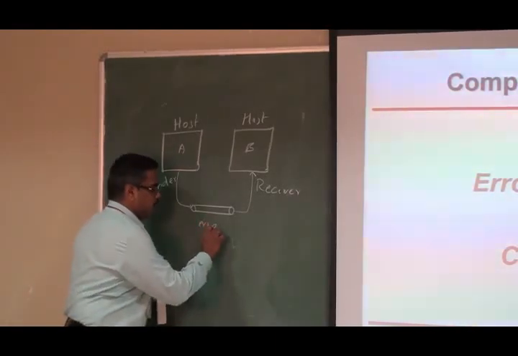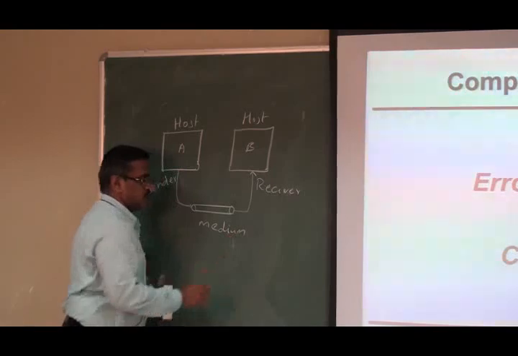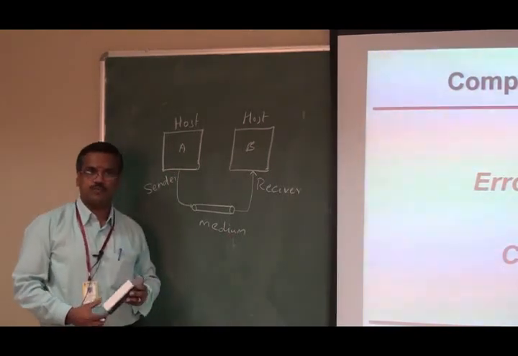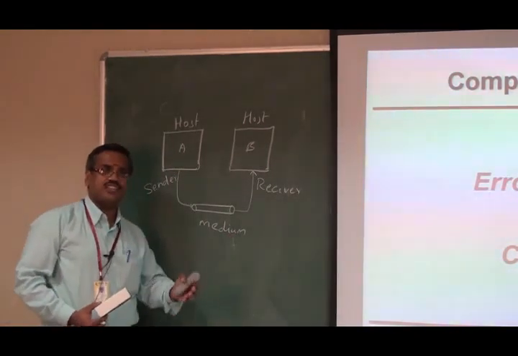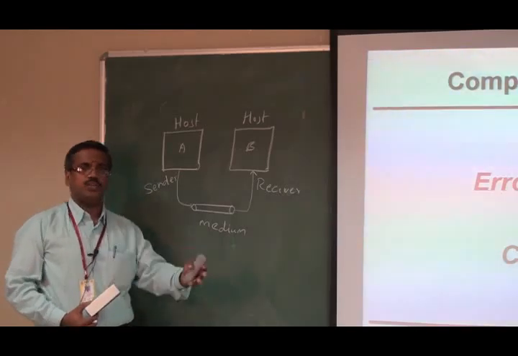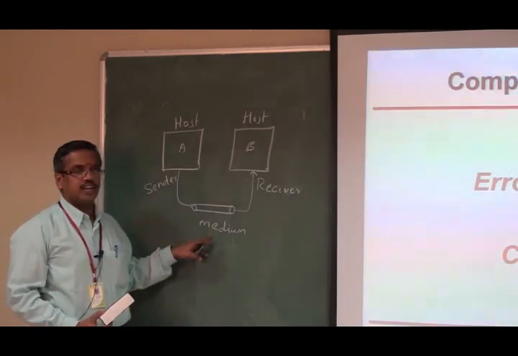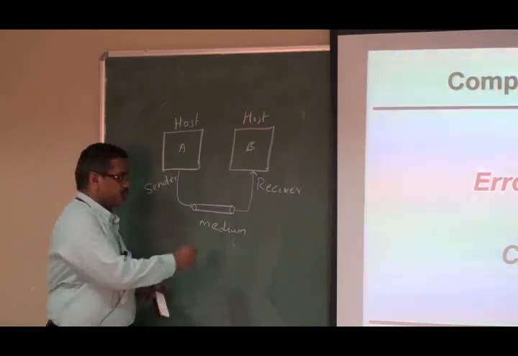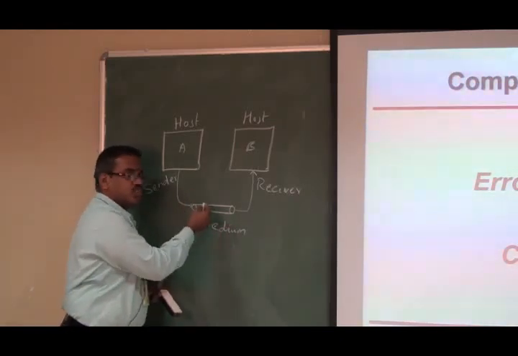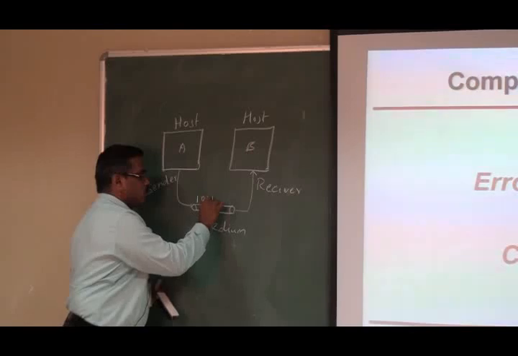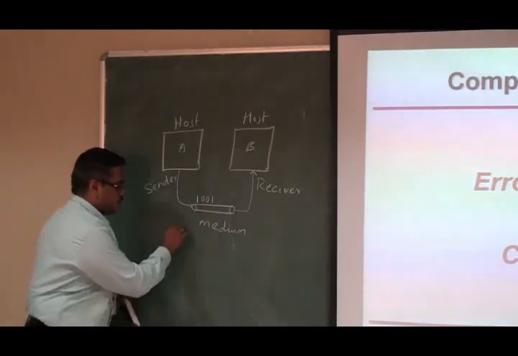This medium is nothing but the digital cables, which carry signals from one end to the other. These cables carry digital signals like 1, 0, 0, 1, like bit streams.